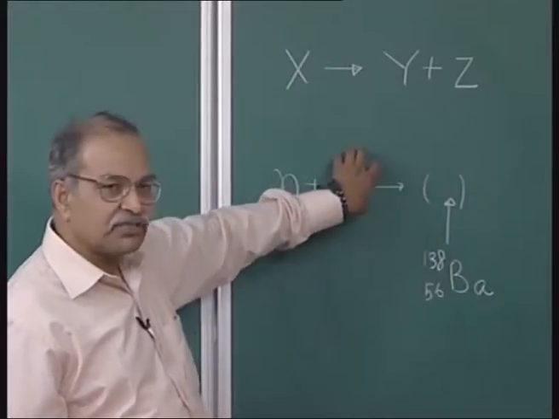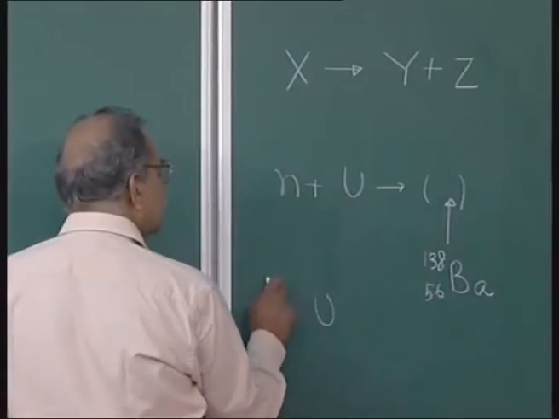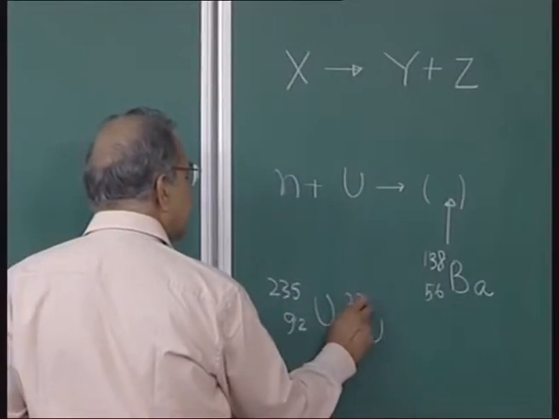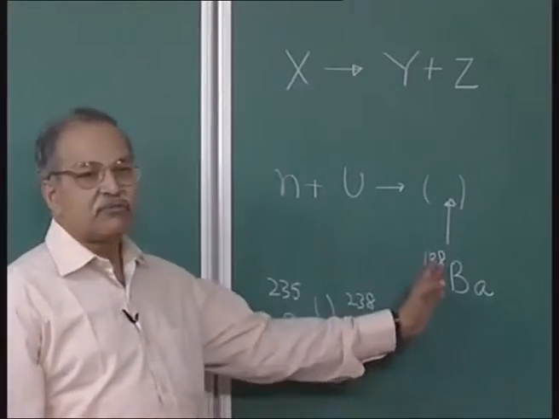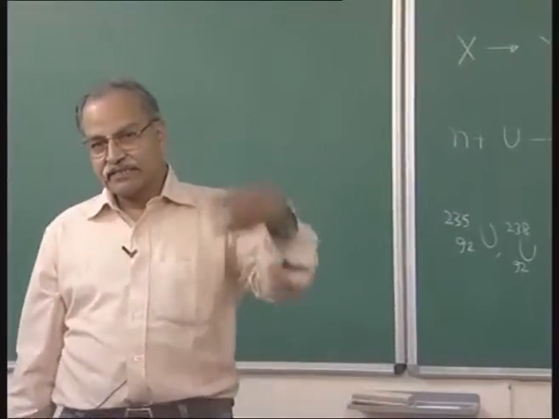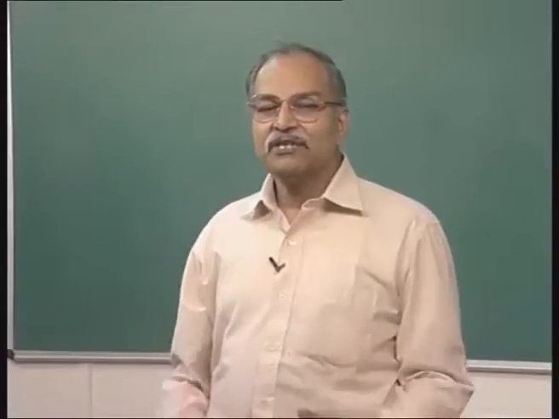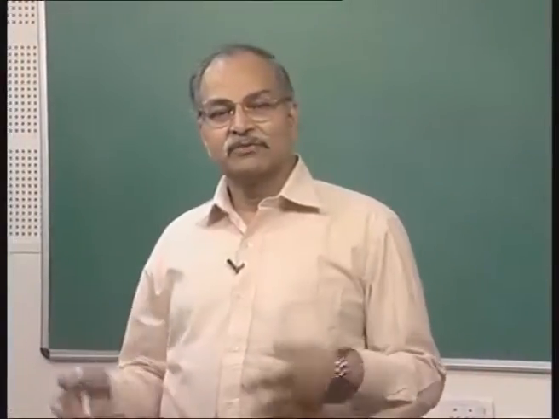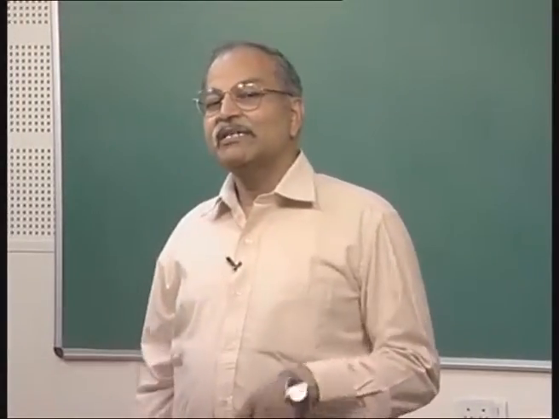So, starting with uranium, natural uranium has, as you know, uranium-235 (Z = 92) and uranium-238 (Z = 92). From here one is getting barium. Originally when they detected this element, they thought this is a new transuranic element having properties similar to barium, but later on they could detect that it is not similar to barium, it is barium itself.